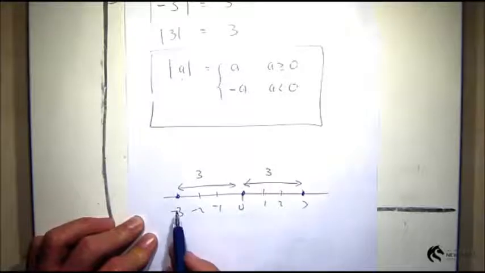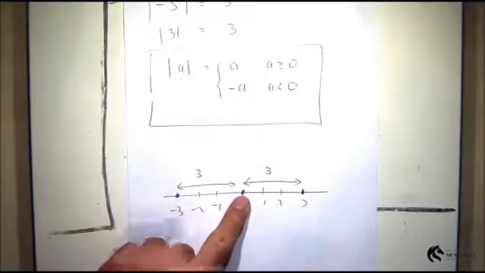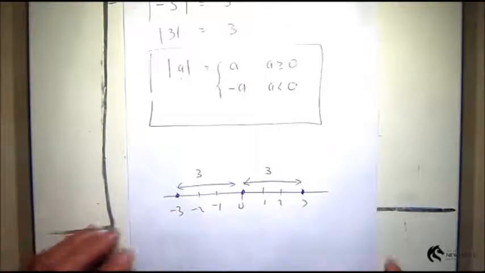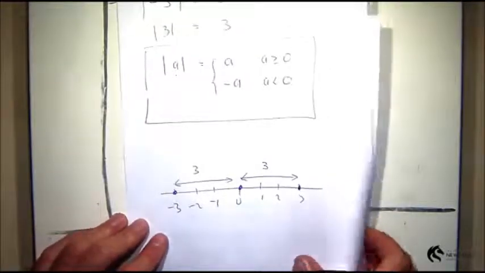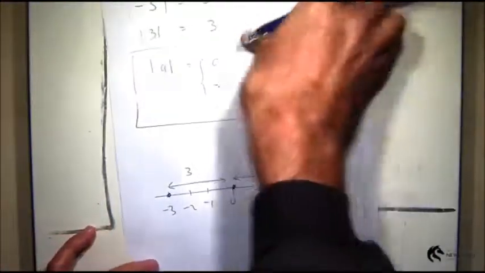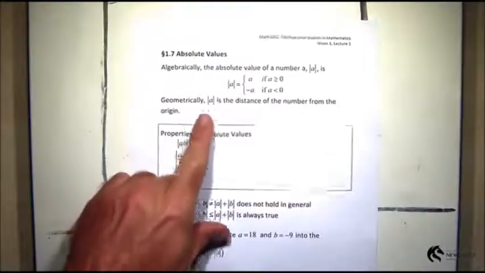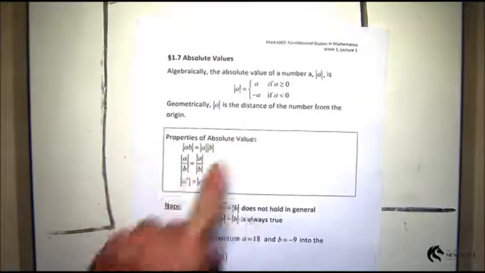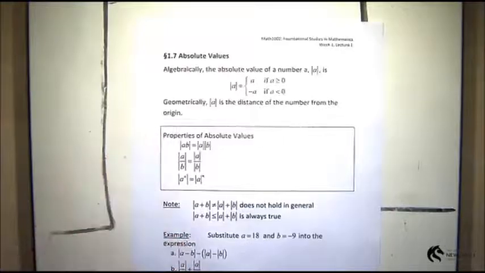So the absolute value of a number is how far it is away from 0. That's our geometric interpretation: the absolute value of A is the distance of the number from the origin. So there is our algebraic version, and this is our geometric way of thinking of absolute value.